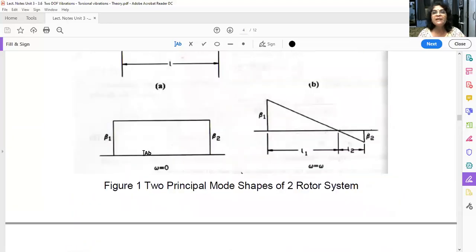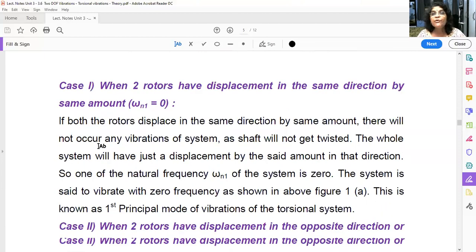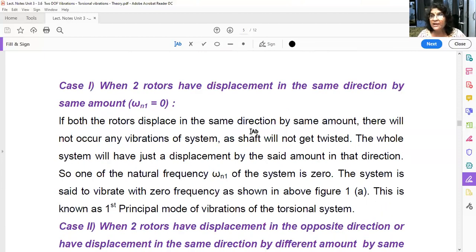Now what are beta 1 and beta 2 here? Beta 1 and beta 2 are the amplitudes. Here we can use either phi 1 and phi 2 or beta 1 and beta 2. If both the rotors displace in the same direction by the same amount, there will not occur any vibrations of the system, as the shaft will not get twisted. The whole system will have just a displacement by the said amount in that direction.